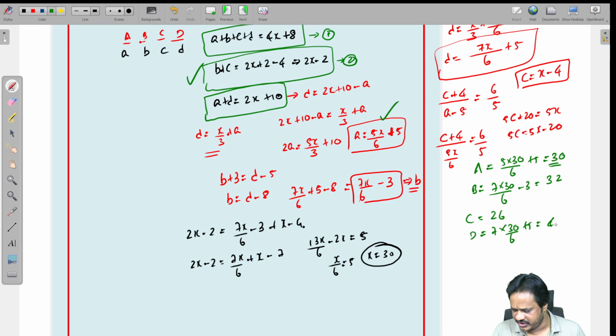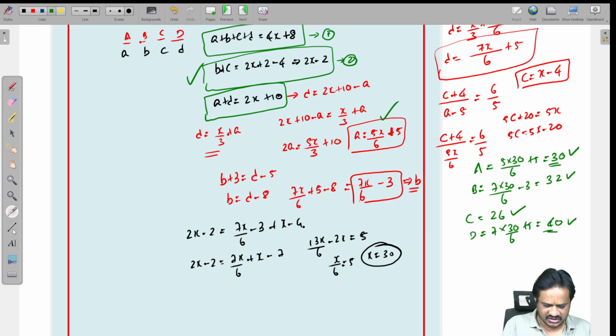Therefore, we are going to get 40. So, A is 30, B 32, C 26, D 40. Now, continue with all the values and try to answer the question.